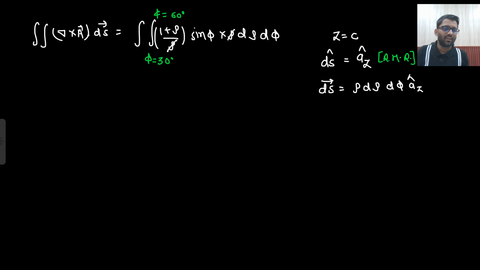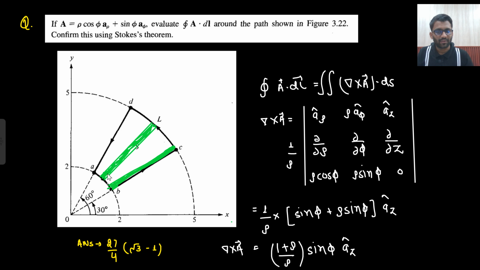Now I need to put the limit. So for putting the limit, I will take a strip. This strip I have taken. In the direction of phi, if I am working like this, I am working from 30 to 60 degree. In the direction of rho, how much are you working? Rho is changing from 2 to 5. On this strip, this also you need to take care of, and this also. 30 to 60, 2 to 5.